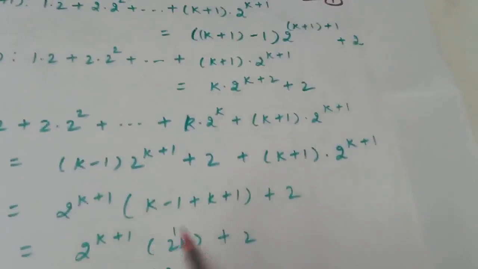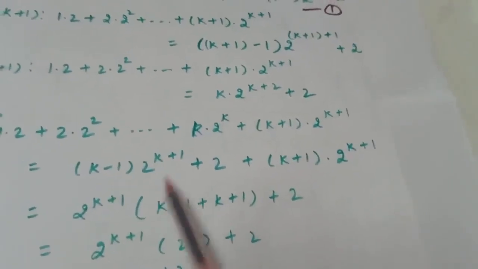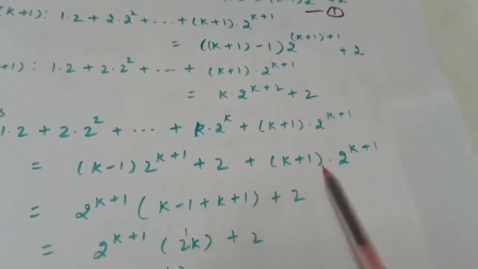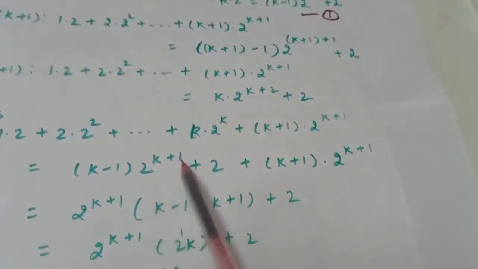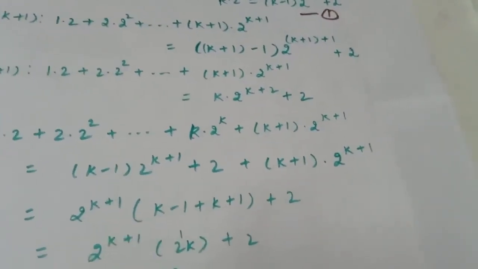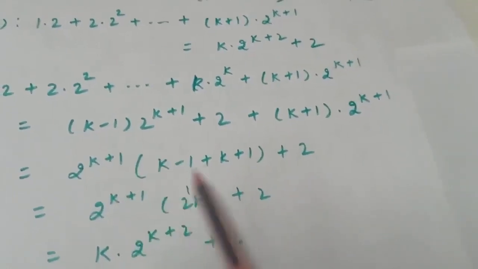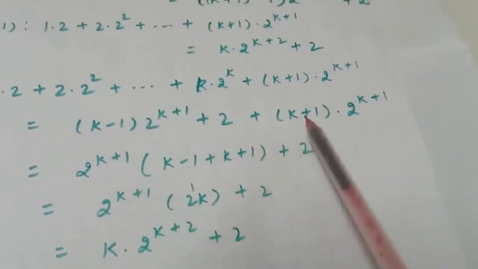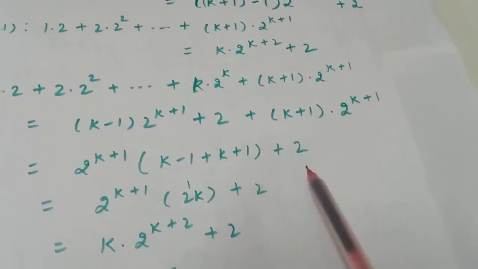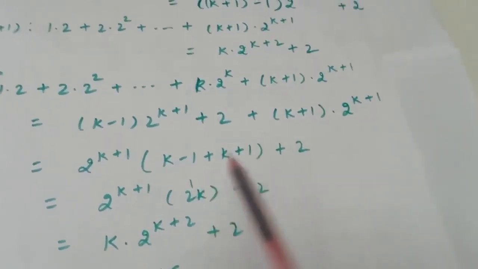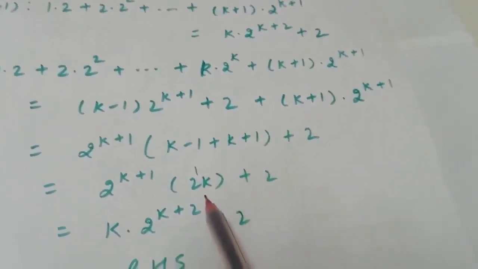Now what can we do from both these terms? See, first and third term, 2 raised to the power k plus 1 is common. So take 2 raised to the power k plus 1 common. From here you will get k minus 1, plus from here you will get k plus 1. This plus 2 as it is. Now cancel out 1, you will get 2k.